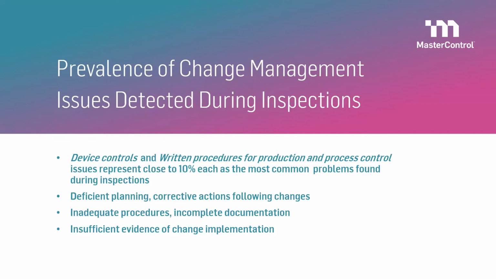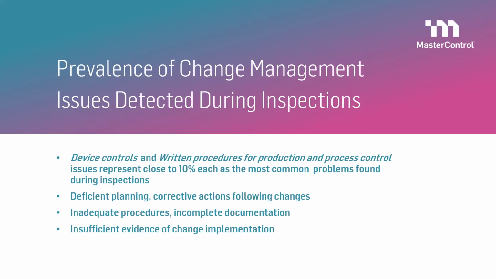There's been a trend in inspection findings specific to change management. I mean, who isn't using some form of digital tool in their quality management system these days? And because of that, inspectors can look at your change management more closely than they probably ever have in the past.